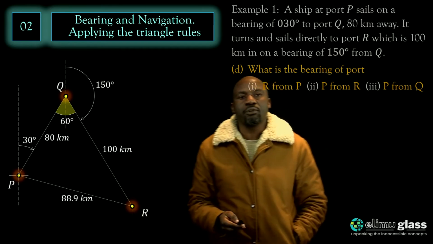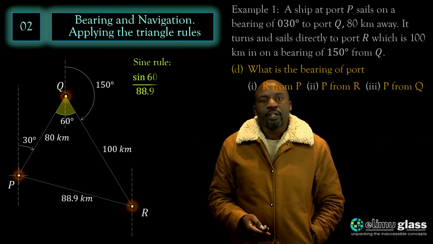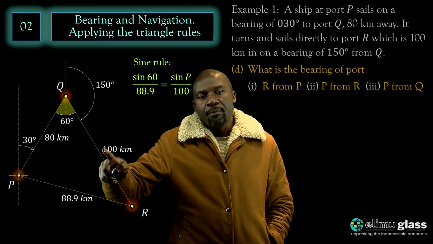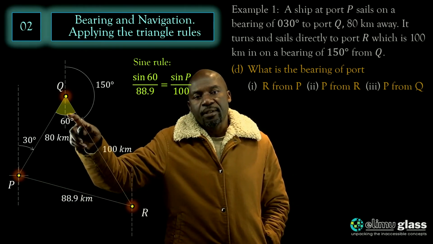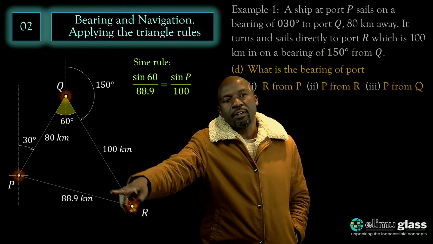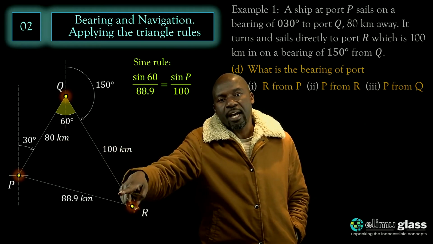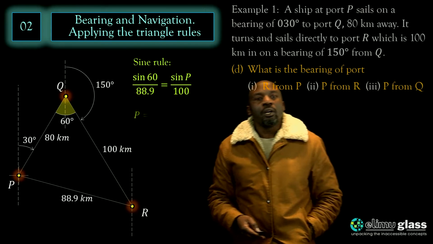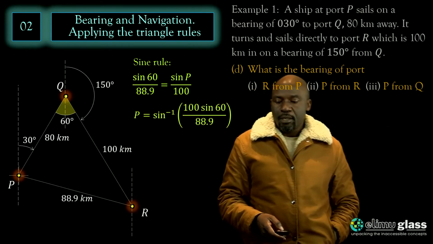So if we use the sine rule, what do we have? The sine of this angle P divided by 100 must be the sine of 60 divided by 88.9. We can't use 80 and the angle opposite it because we still don't know it.